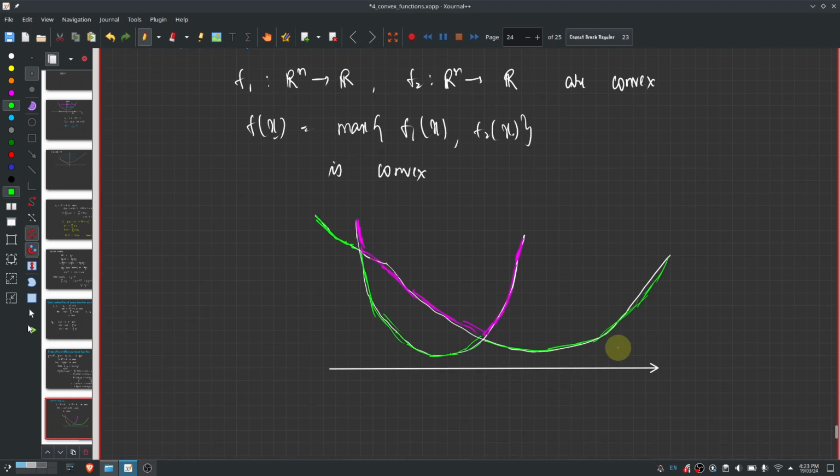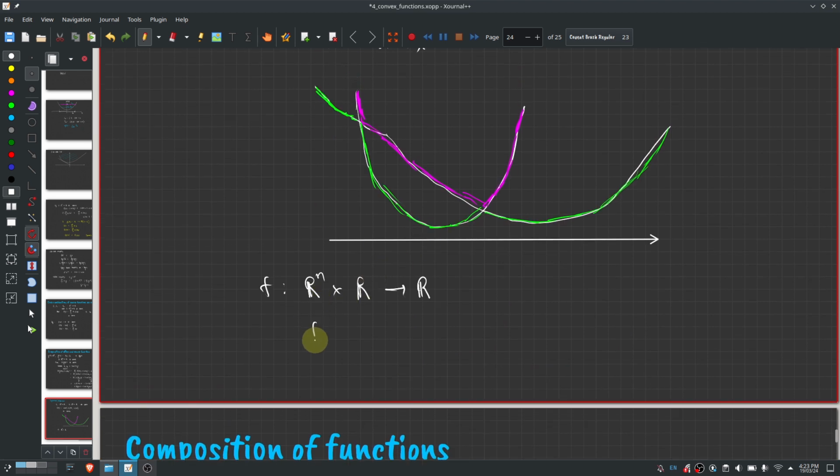But it's also true for the supremum. I could also define a function, let us say f from Rn cross R to R. So in general, I could have some f of x comma y, where y takes values in any arbitrary set. It doesn't have to be convex, doesn't have to be finite.